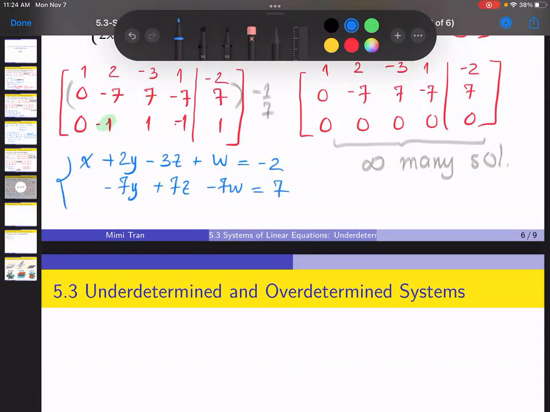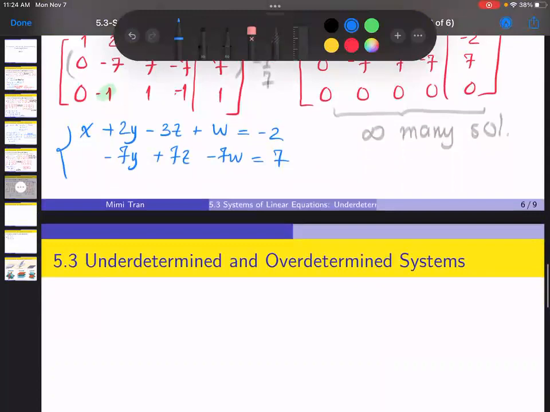Can I reduce the second equation? Yeah. I'm gonna divide both sides by -7, so I can have positive y. y minus z plus w equal -1.